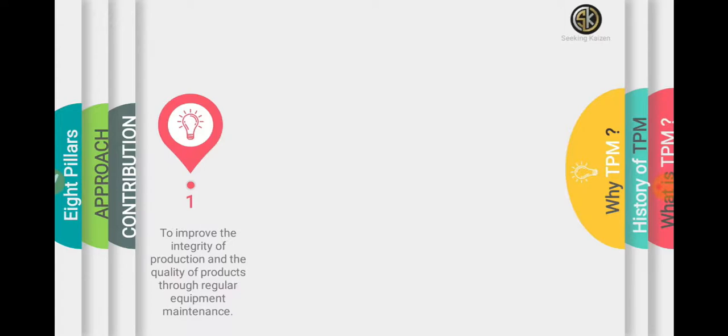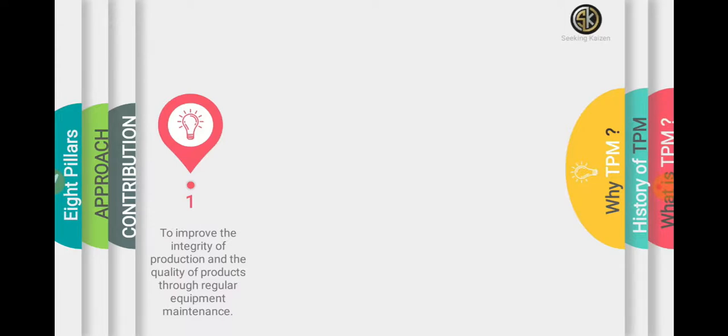TPM equips the operators with the necessary skills to address mechanical or equipment related issues. Calling the engineers and mechanics is no longer necessary since operators are already prepared and confident in dealing with the problems. So, undoubtedly, TPM is one of the most effective ways to create a lean organization with reduced cycle time and improved operational efficiency.